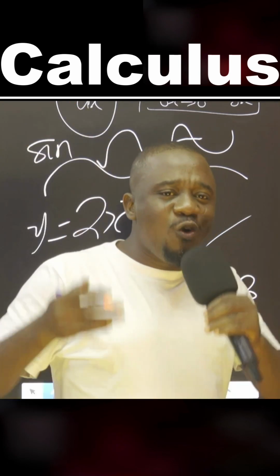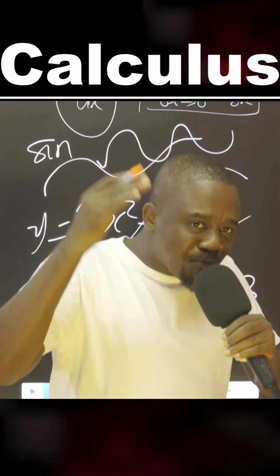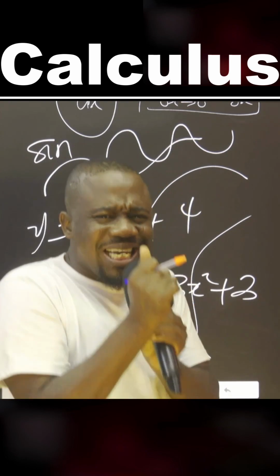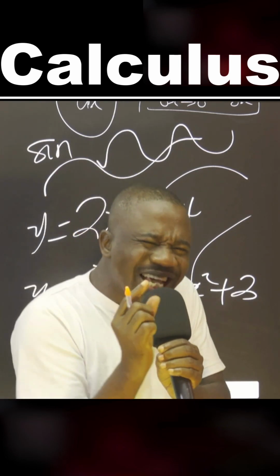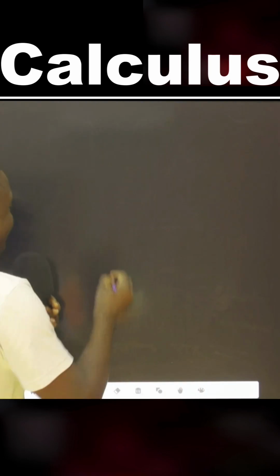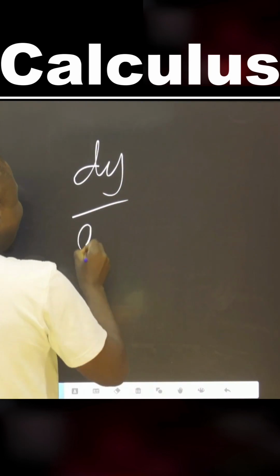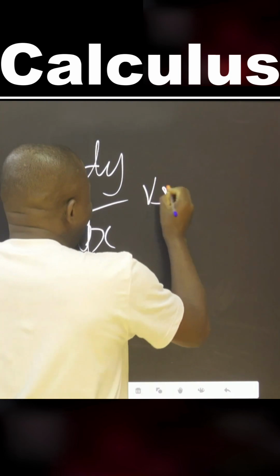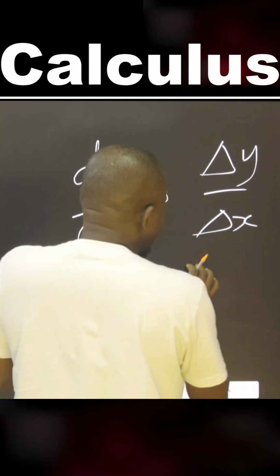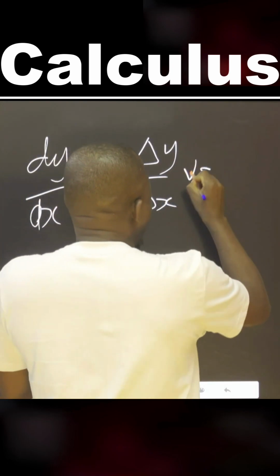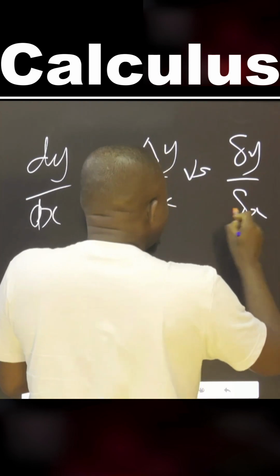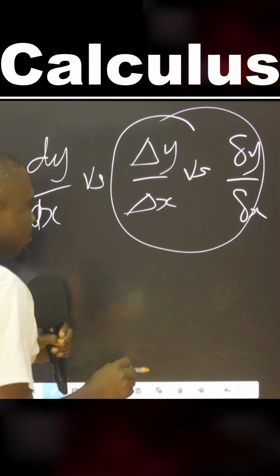Change in y over change in x. But this particular change in y over change in x is the infinitesimal changes. So the dy/dx represents infinitesimal changes. Therefore, if you are asked what is the difference between the delta y over delta x and this over this, these two are the same.